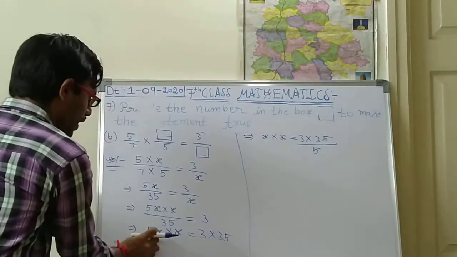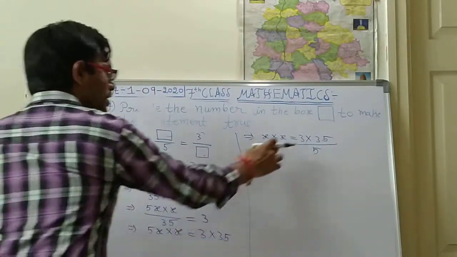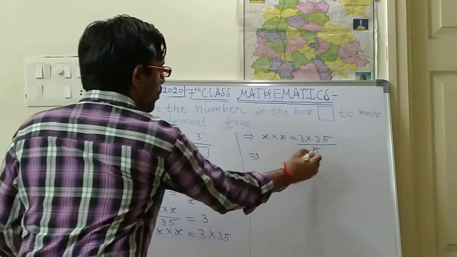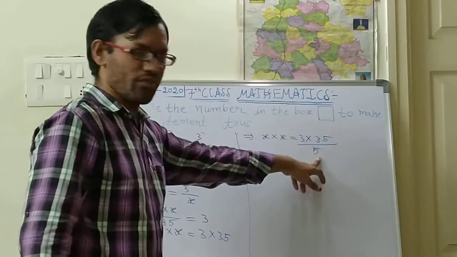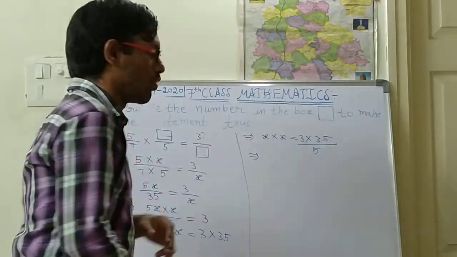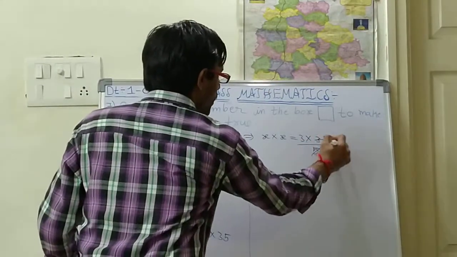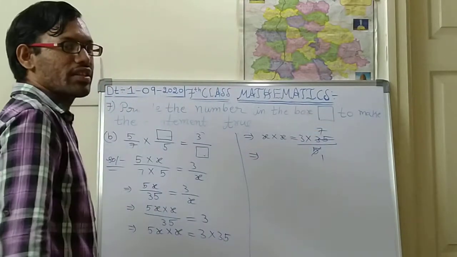So here 5 is multiplying. If it goes to RHS it will divide. Now see, any cancellation will go. 35 and 5: in the 5 table, 35 will go. 5 ones are 5, 5 sevens are 35. Is it right, children?